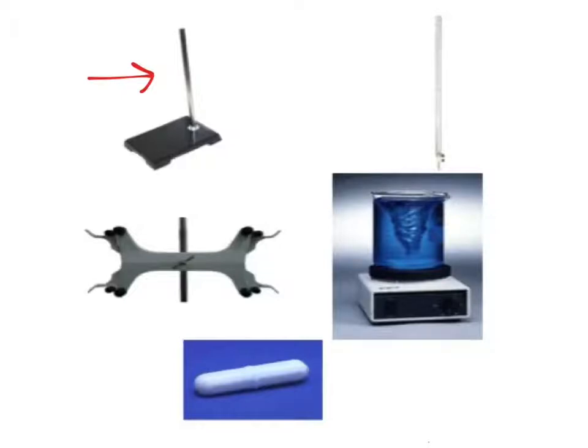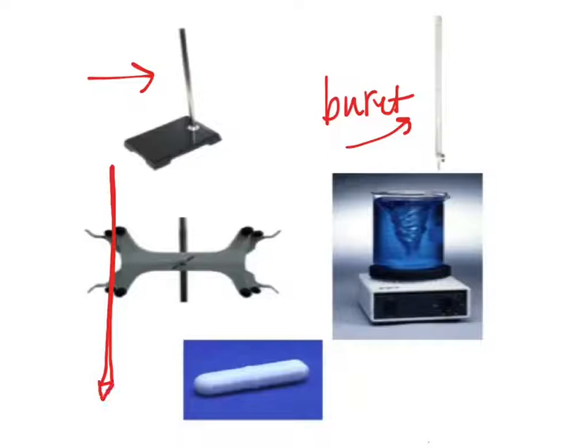And so this is the burette. You should remember that from back in pre-AP. And the burette is going to be in this clamp, and that's what we're going to have our sodium hydroxide in.